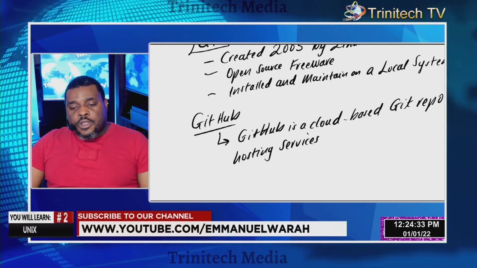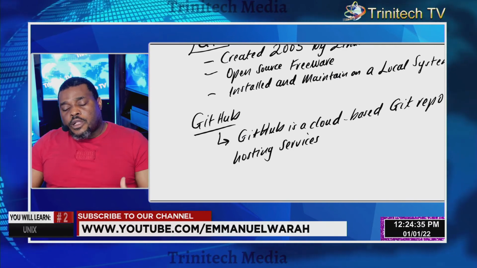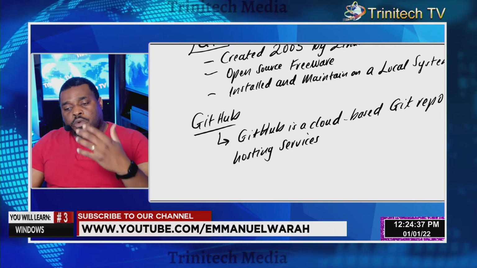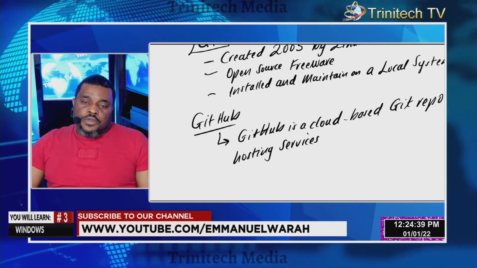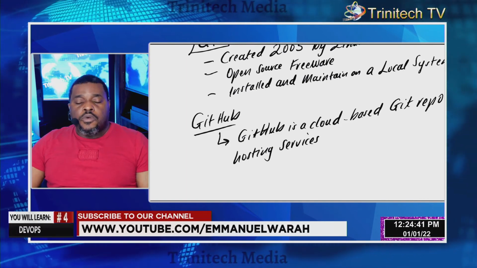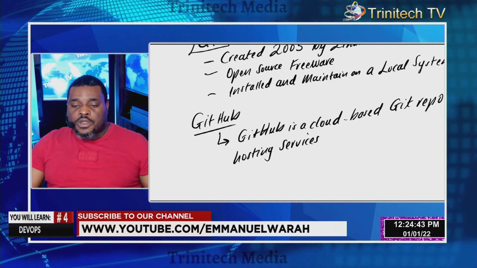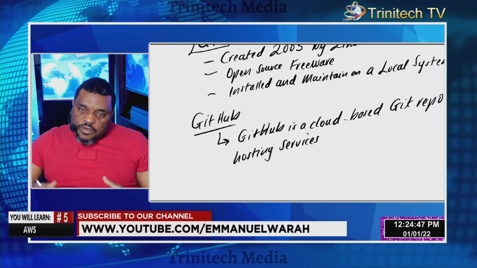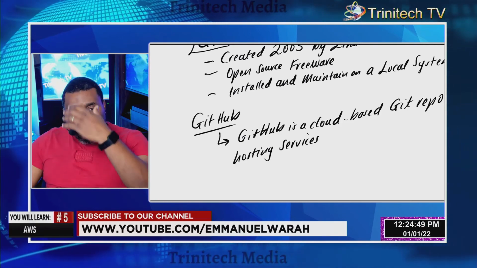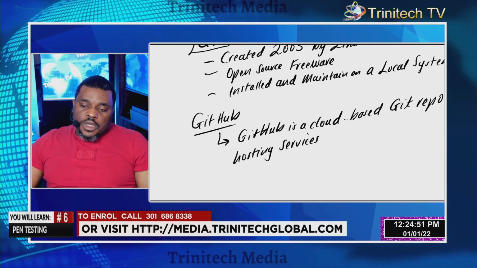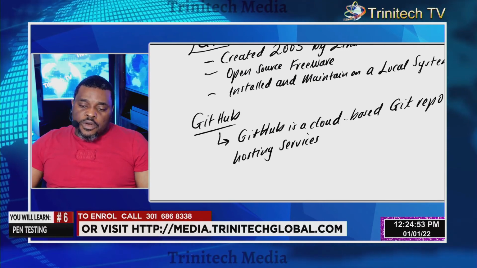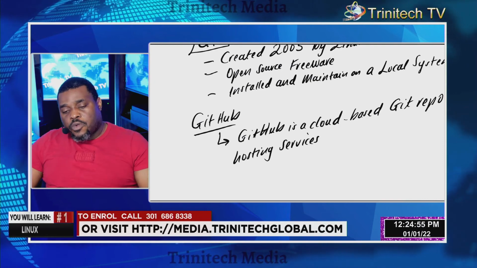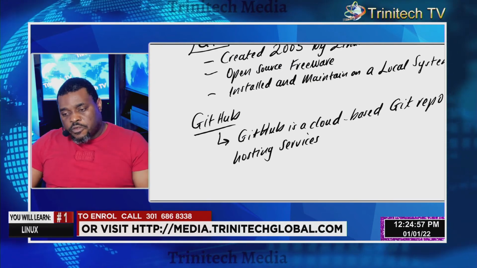GitHub, on the other hand, is a cloud-based tool that helps you transfer your local repo into the cloud. So you can create repos out there in the cloud and then transfer content from your local repo into that public repo, and the versioning stays put even when you upload the content of your local repo into the cloud repo in GitHub. It shows you the different versions.